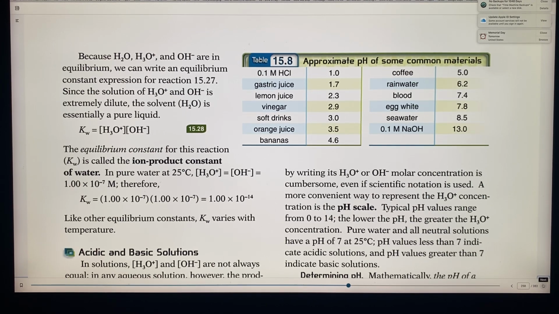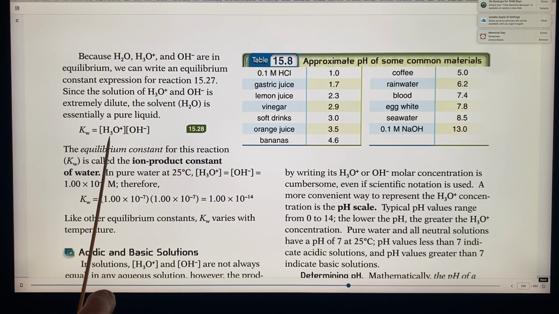Out of 550 million molecules, one will actually turn into an acid and base. And here is the equation. This is going to be called Kw, which is the equilibrium constant for this reaction.